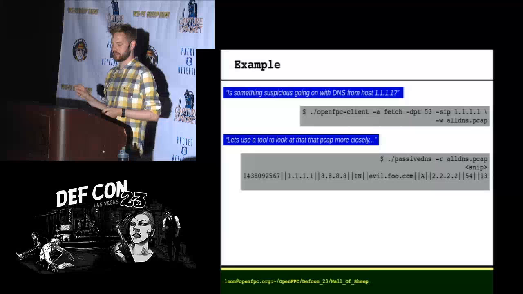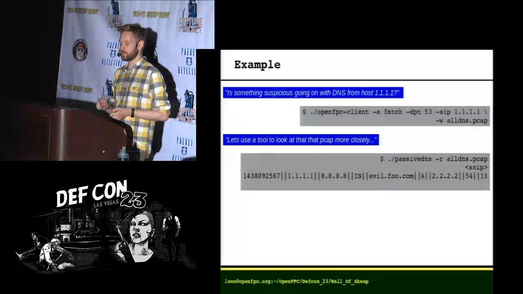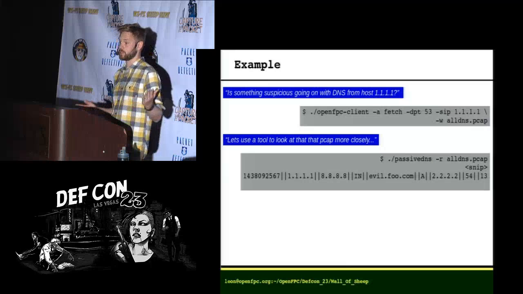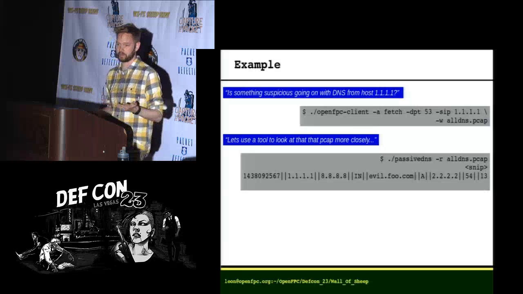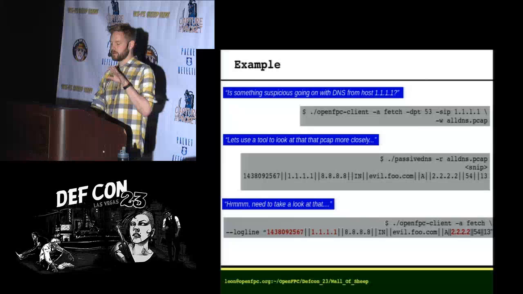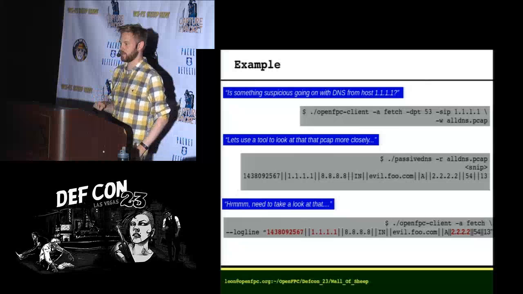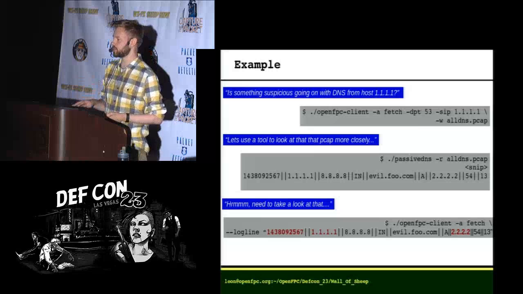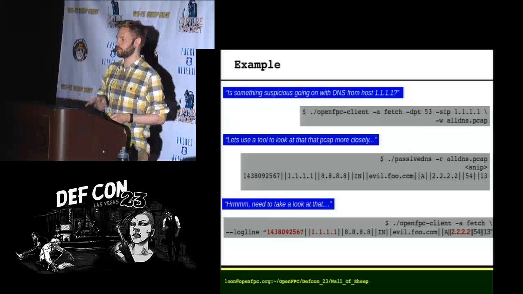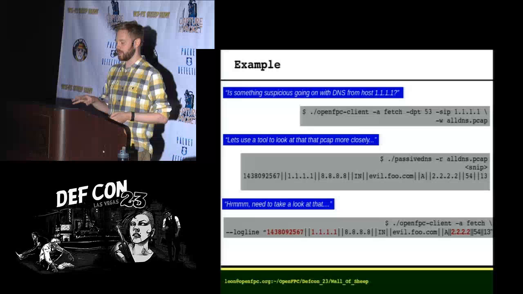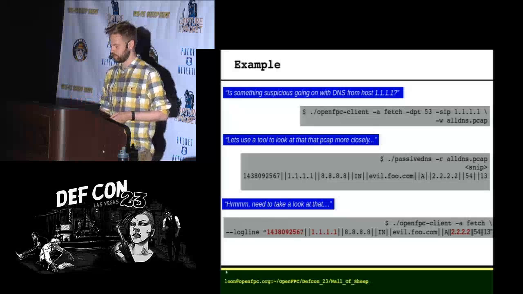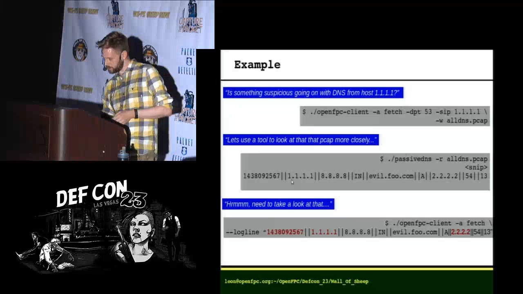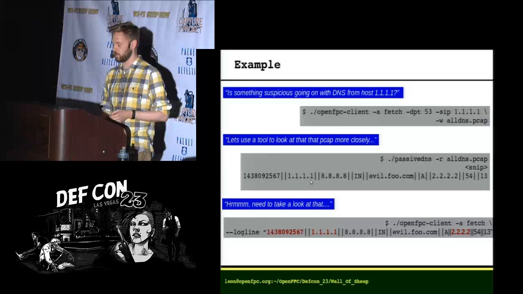One of those events, or one of those log lines, was interesting, because it's resolving a host name which has caught my attention, evil.foo.com. What's evil about it? Could this be the thing that I'm interested in? So I then provide this log line back into OpenFPC, but it decodes it in a different way. It decodes it in a way that's contextual for that type of log. Here we're not interested in traffic from 1.1.1.1 to 8.8.8.8.